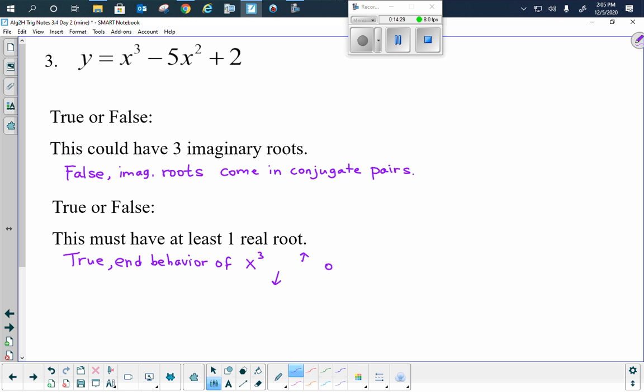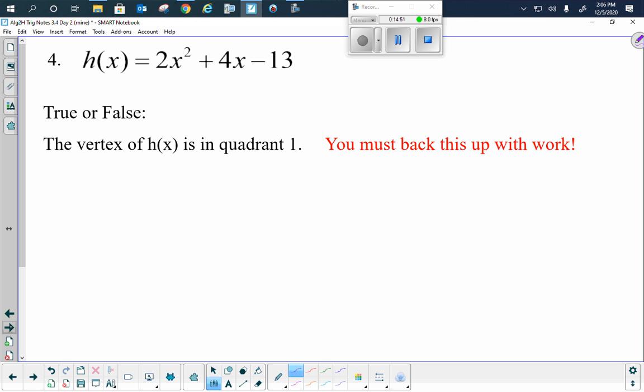Or maybe you're doing both, or talking about imaginary roots again, which come in conjugate pairs. That could get you 2 of them, but the third one would have to be real. All right, so just start working with those true, false.